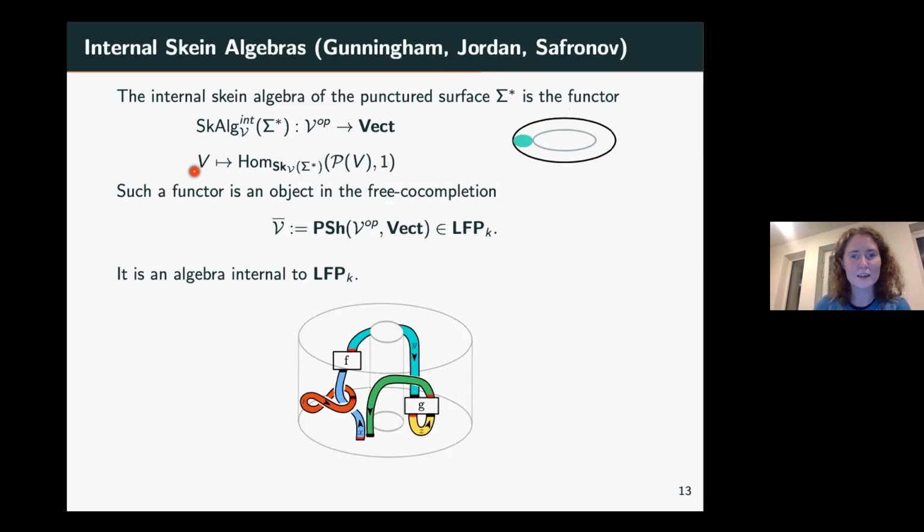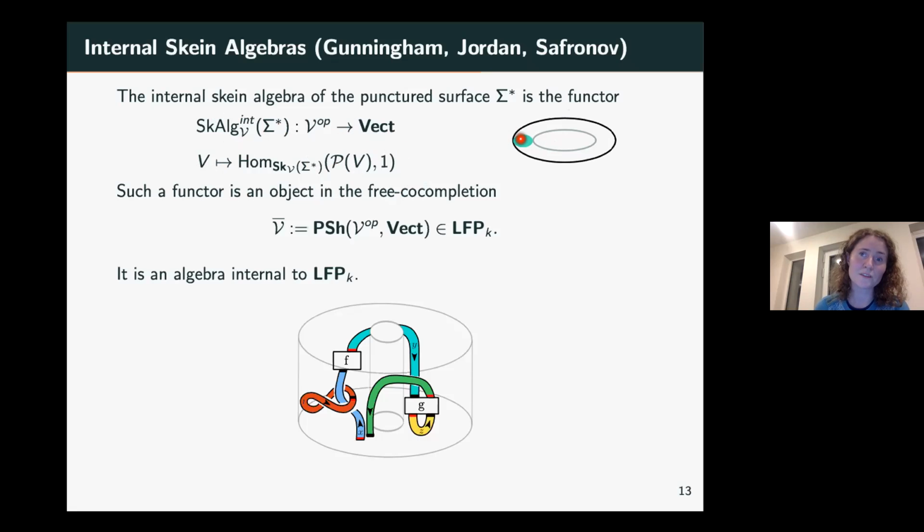So the point is, if you have an element of your ribbon category, this is a point on this disk. We define this functor by taking the V, considering it as a point in this disk, and embedding it into our surface.